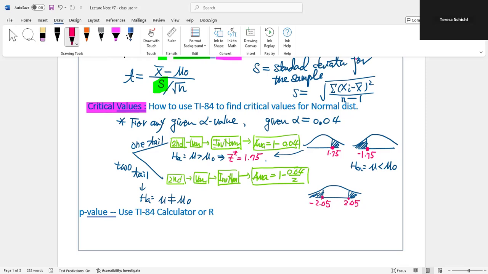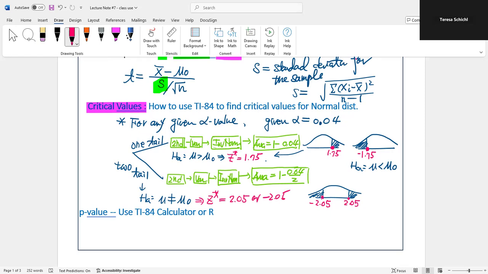So I know the Z star will be 2.05 or negative 2.05, depending on where your test statistic is. But anyway, the ones in those shaded areas are the rejection regions.